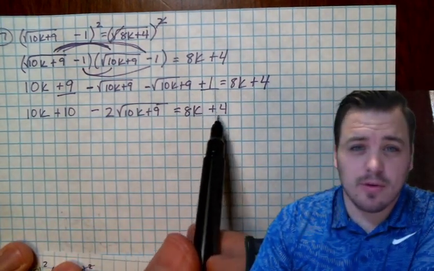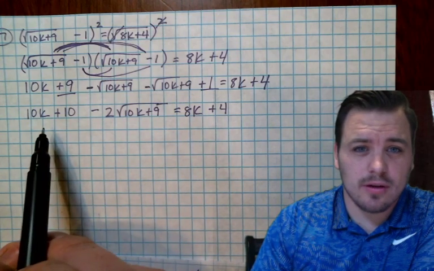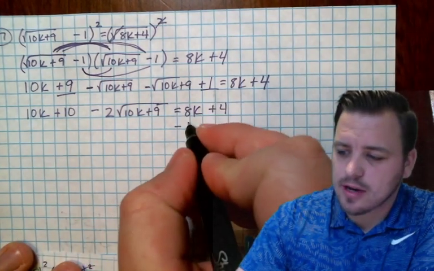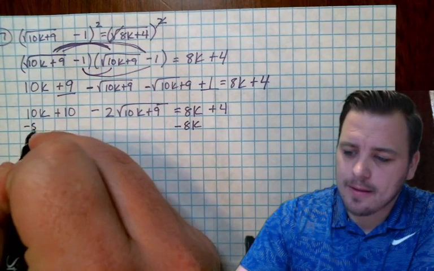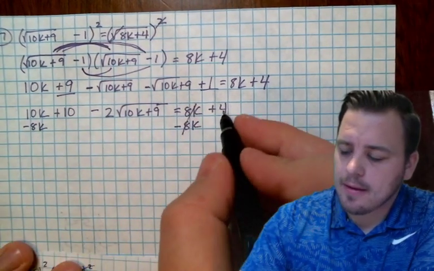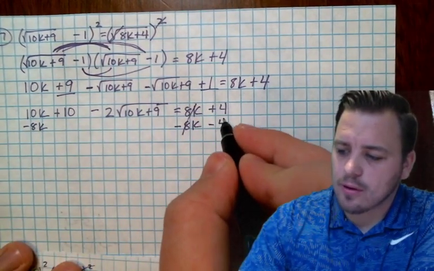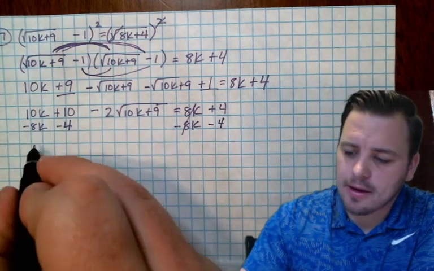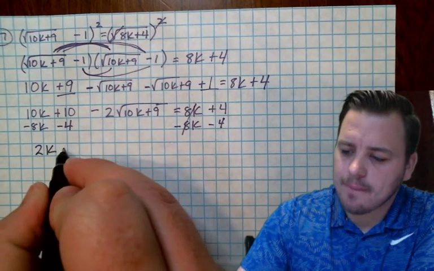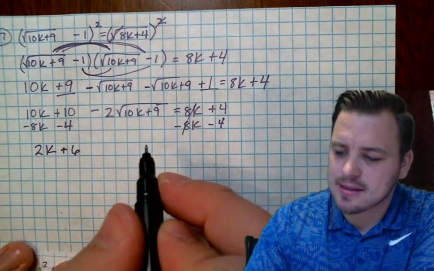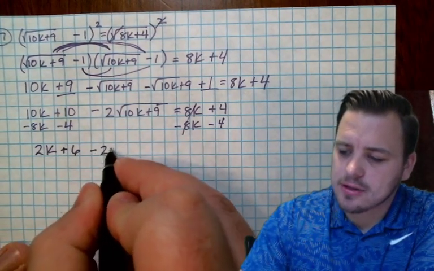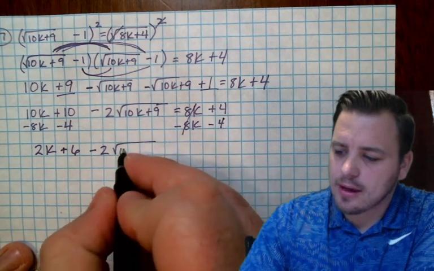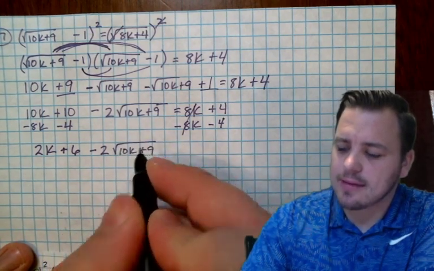Or actually, we can move all of this over here. So subtract 8k, subtract 4. And here we're at 2k plus 6 minus 2 radical 10k plus 9.